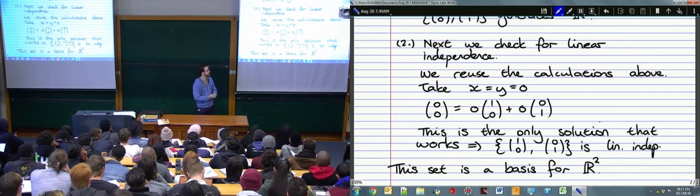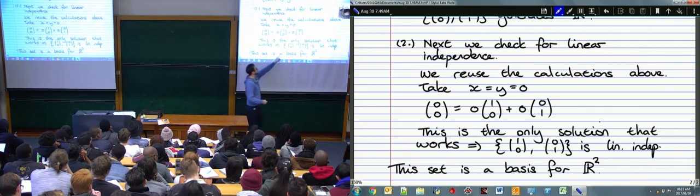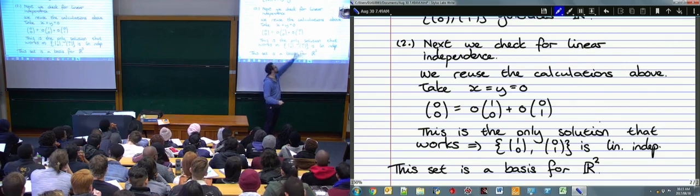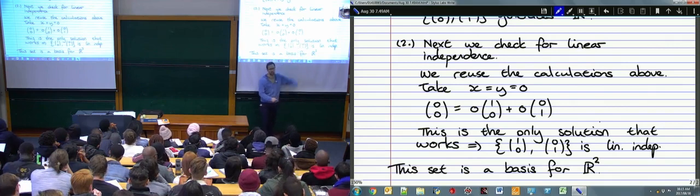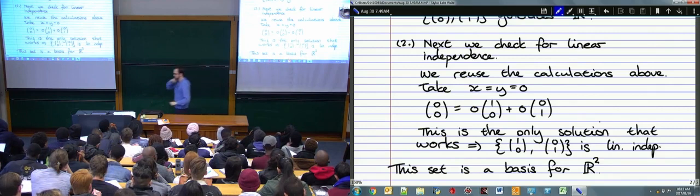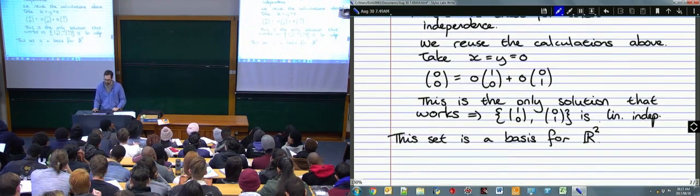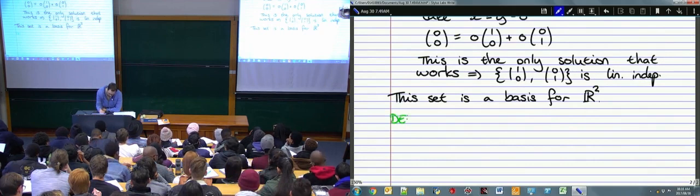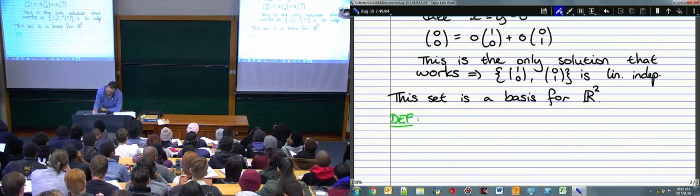It's so simple and so straightforward that we give this set over here a special name. We would call this the standard basis, or possibly the canonical basis. Those are two different terms that we'd use, the standard basis or the canonical basis for R2. Let's just say this is our definition.